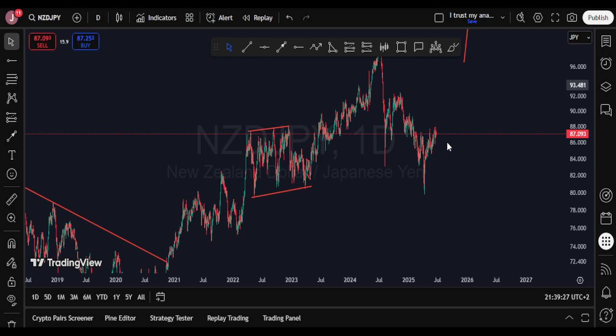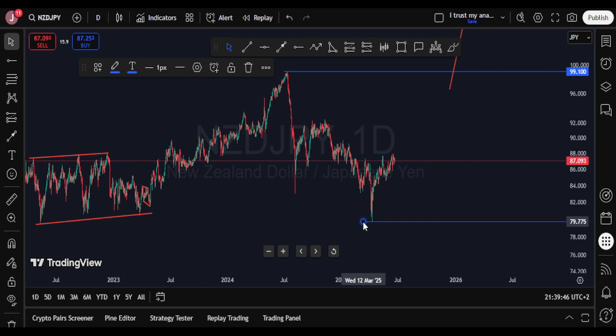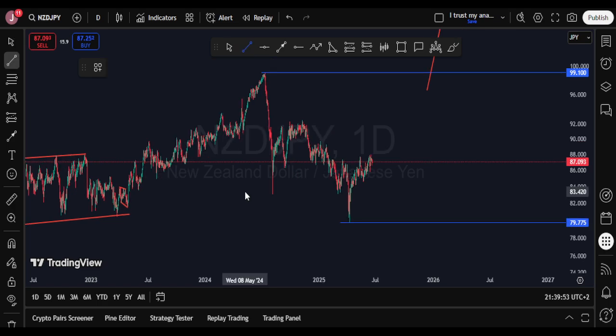Okay, just going from those highs and then these lows. So now we have something solid and something clear. You can also just do a pattern from this by joining those lows and then the highs, these ones.